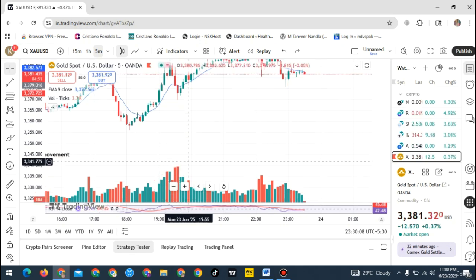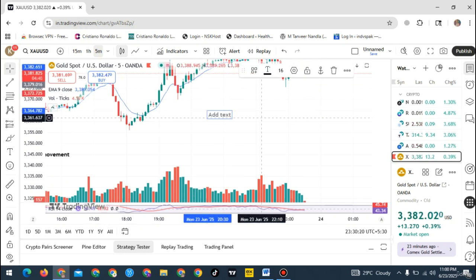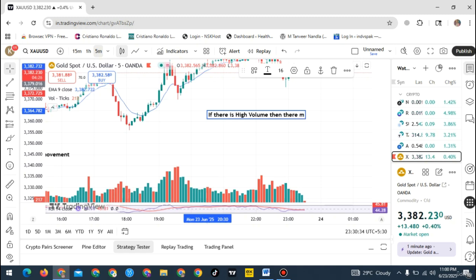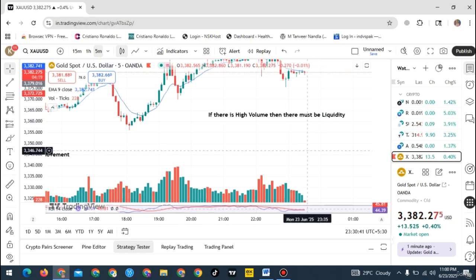Okay, if there is a high volume, then there is also liquidity. What I say, if there is a high volume, then there must be liquidity.